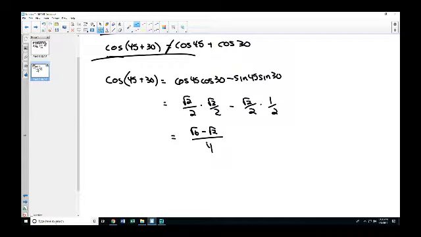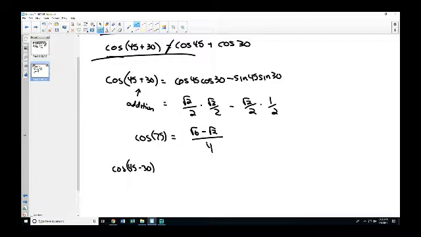Okay, so this is the cosine addition identity. There's also a subtraction identity. If I were to do cosine of 45 minus 30, keep in mind again, this is cosine at 75 degrees, right? Okay, this would be cosine at 15.